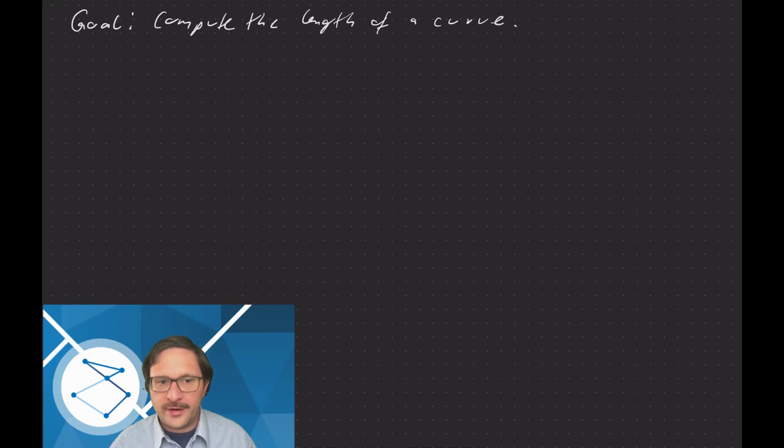We're going to make one assumption that will make our lives a little easier. We're going to assume that the derivative of a curve gamma is nowhere zero in the interval that we're interested in. The reason for that is if the derivative is zero, then the movement might turn around.